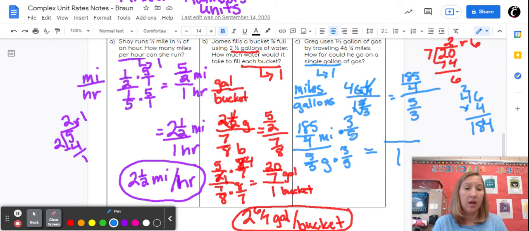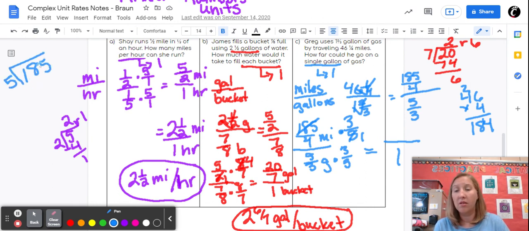So I want to look at my factors. I know that 185 can be divided by 5, and so can 5. So 5 divided by 5 is 1, and I'm going to do 185 divided by 5 over here just so I have more space, using long division to figure this out.